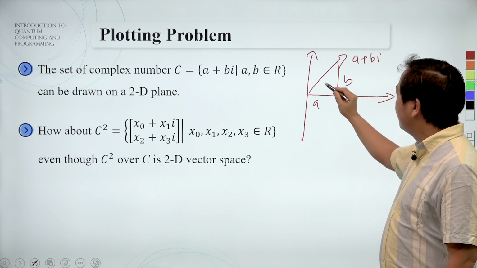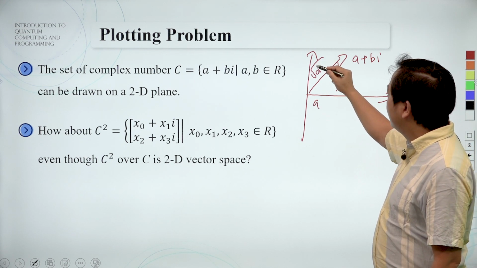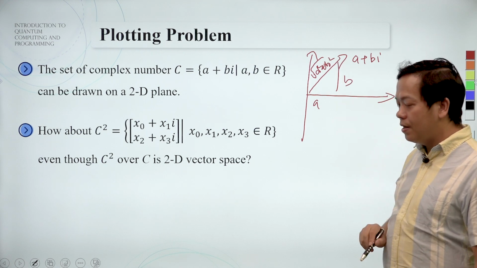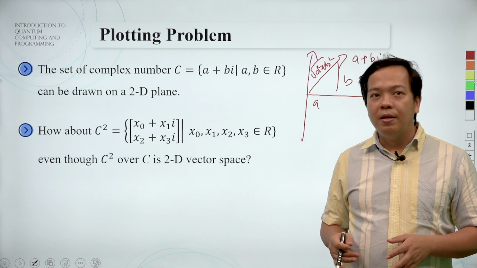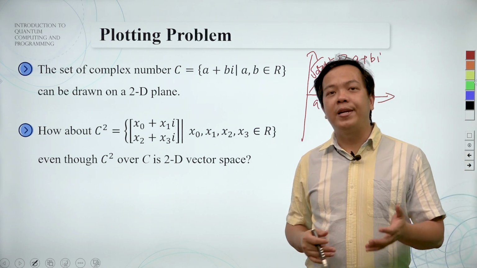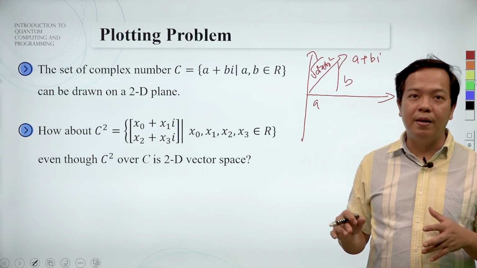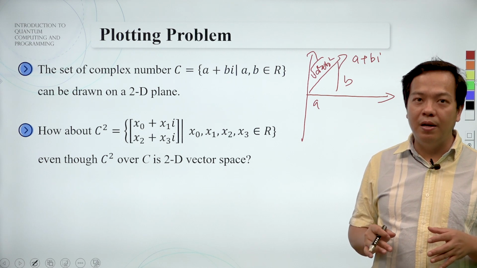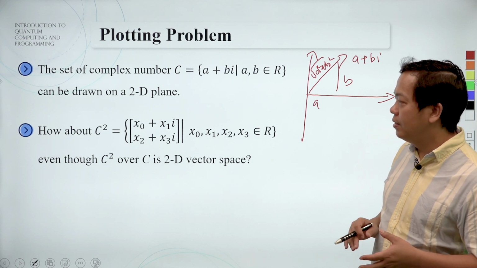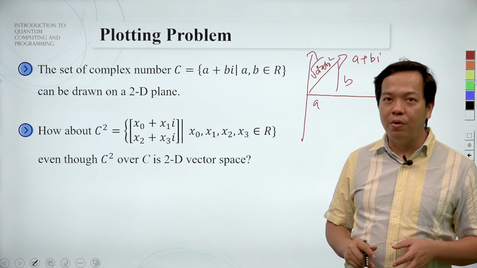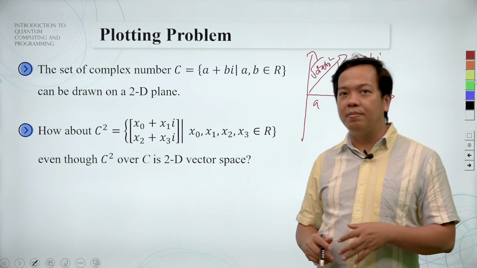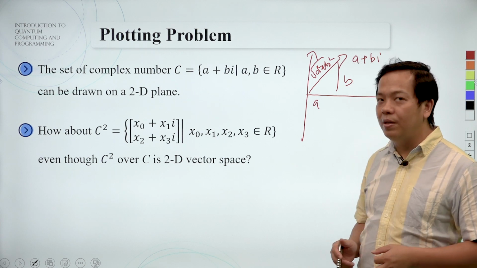You are very familiar with this kind of complex plane. But what if we extend the complex space to more dimensions? How can we draw in the complex plane? This is a very big question.